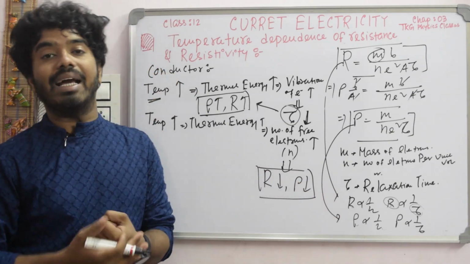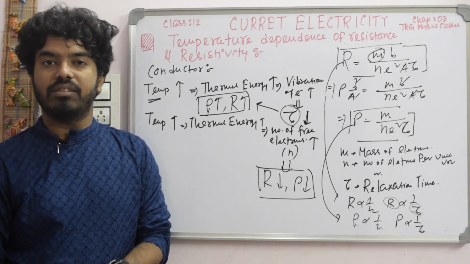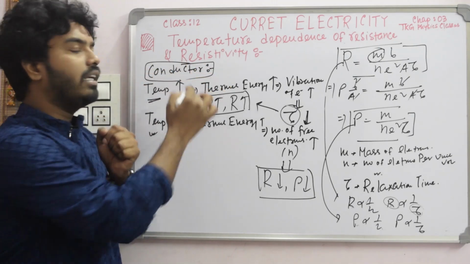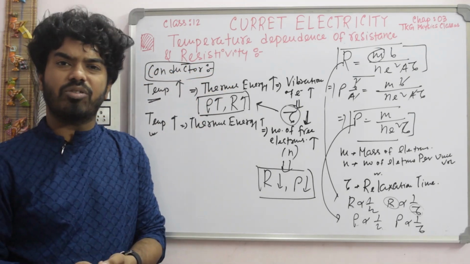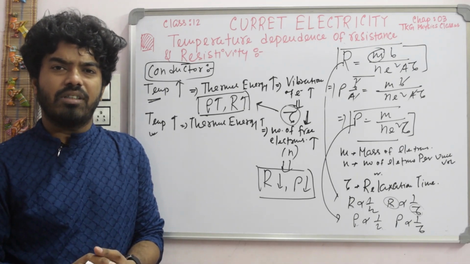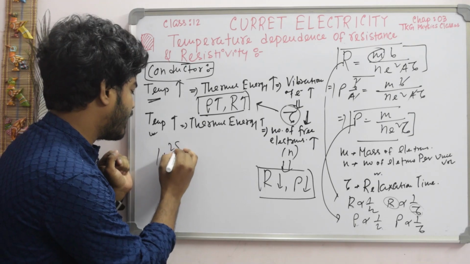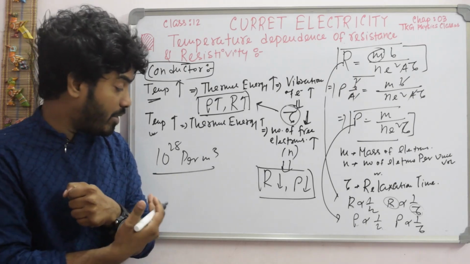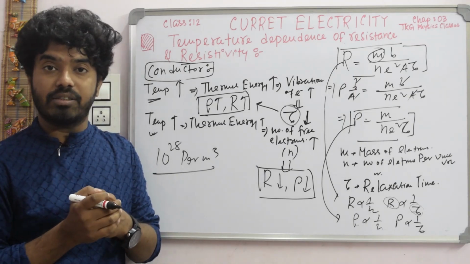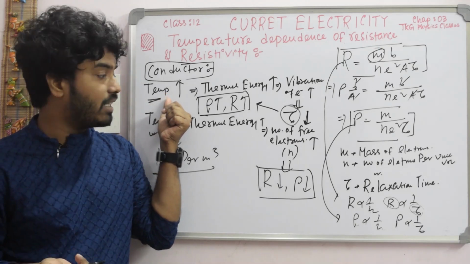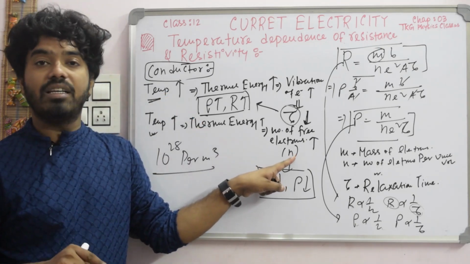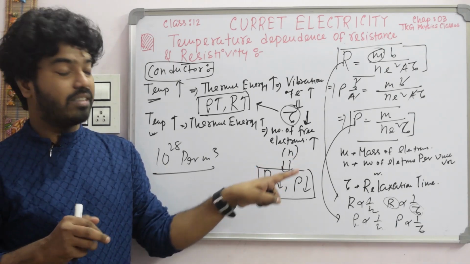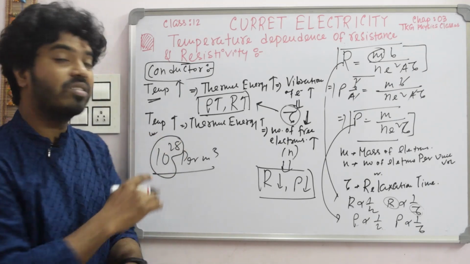So what actually happens here, increasing or decreasing? Just think, in case of a conductor, there are a large number of free electrons at room temperature, near about 10 to the power 28 per meter cube. So when temperature increases, obviously n increases, but this increase with respect to this value is not significant.